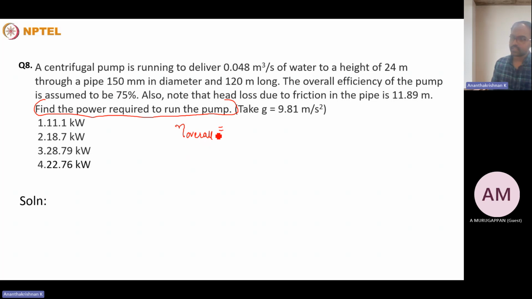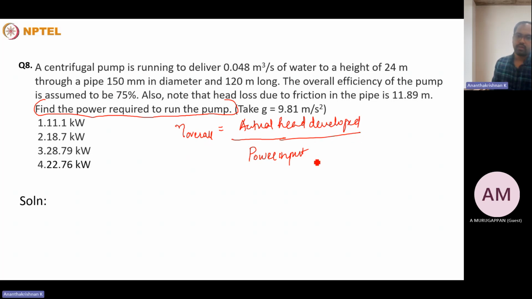Overall efficiency is considered as the actual head developed divided by the power input in terms of meter.